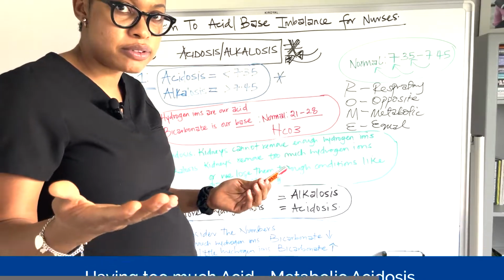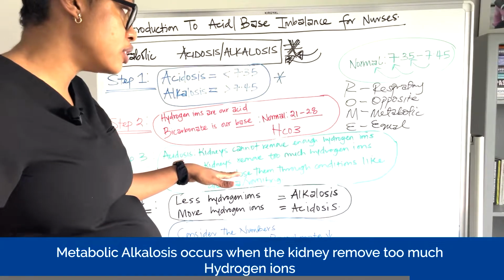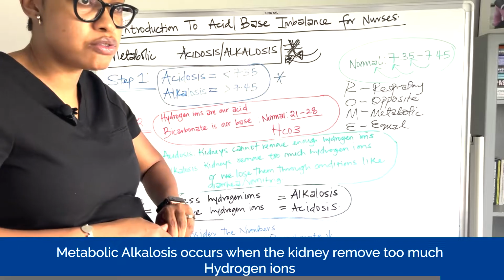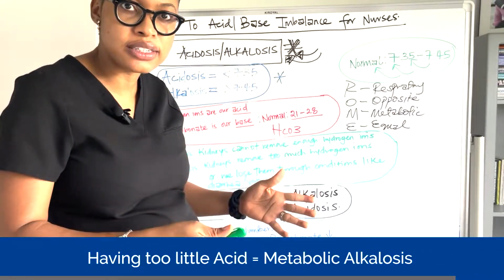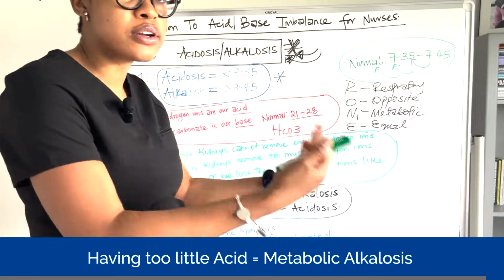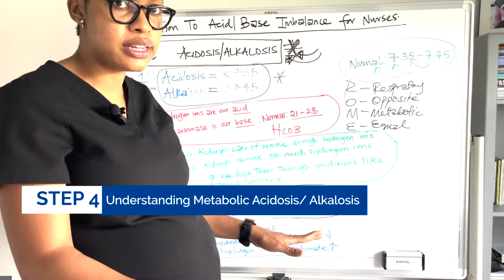So then when you have too much of an acid, the patient will be considered to be in metabolic acidosis at the basic level. In the same way, alkalosis occurs when the kidneys remove too much hydrogen ions. So they remove too much acid, which then makes the bicarbonate to be more than the hydrogen ions. Now, I told you we always need a balance.